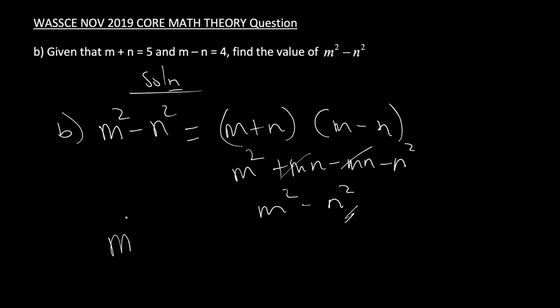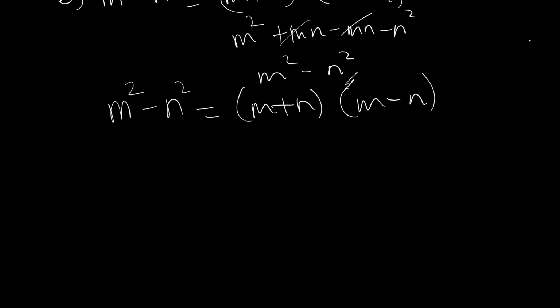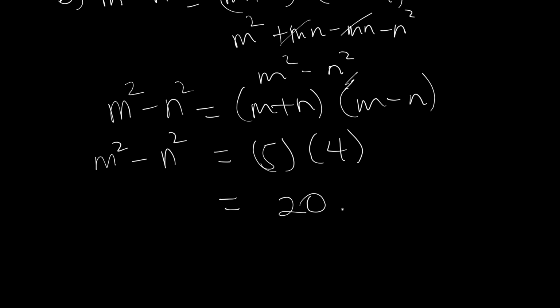So our m squared minus n squared is equal to (m plus n)(m minus n). From our question, we know that m plus n is equal to 5 and m minus n is equal to 4. So our m squared minus n squared will be equal to 5 times 4. So this will be equal to 20. So m squared minus n squared is equal to 20.